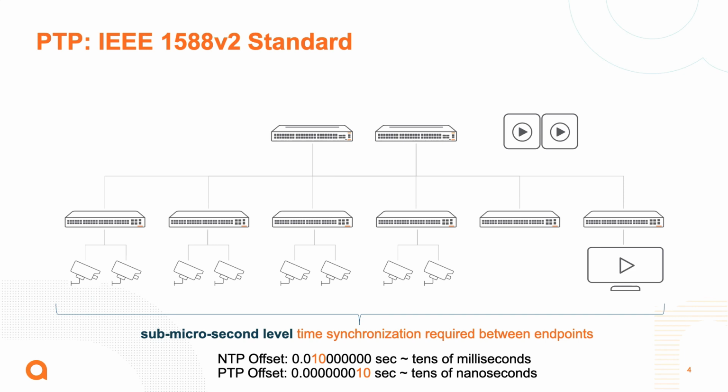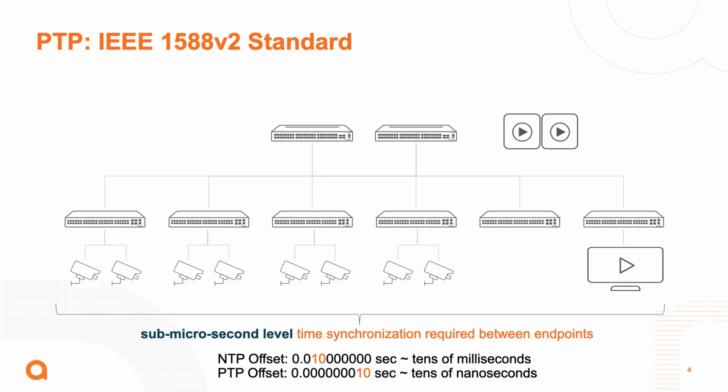The only thing that is important here is that those synchronization packets are modified by the transparent clock by adding an additional timestamp that represents the time that that packet took to transit that transparent clock.